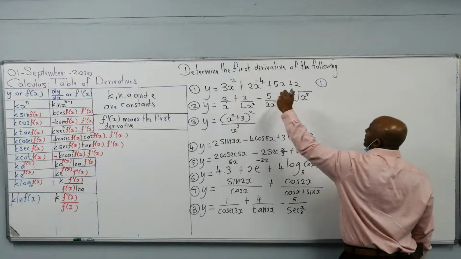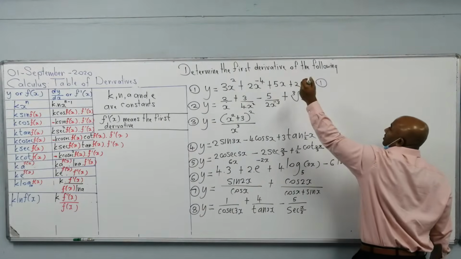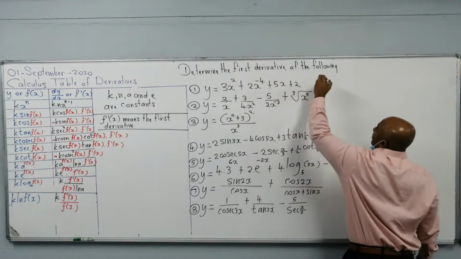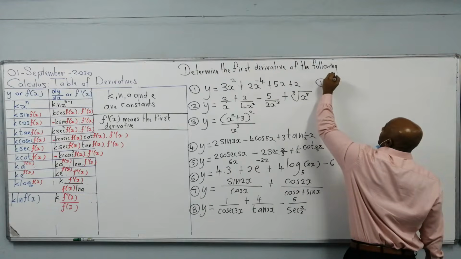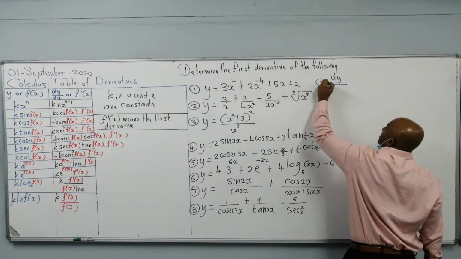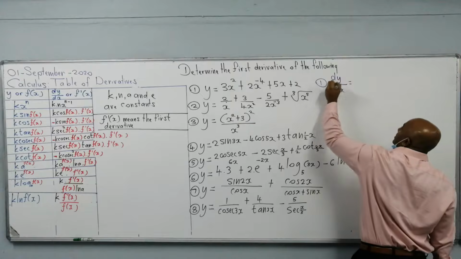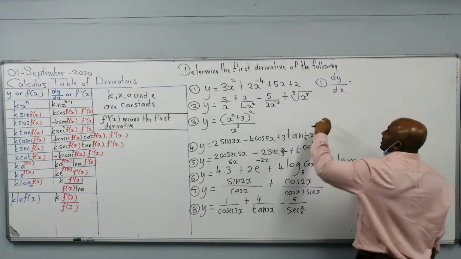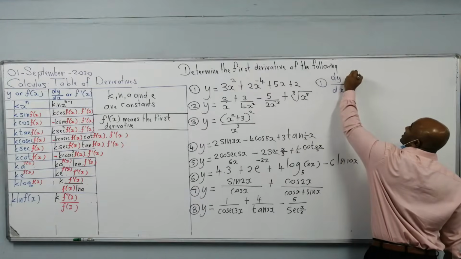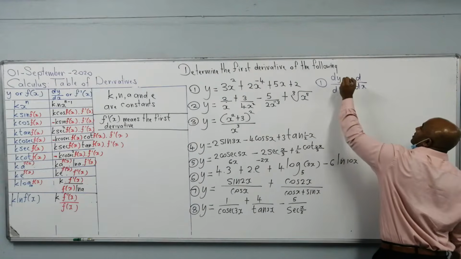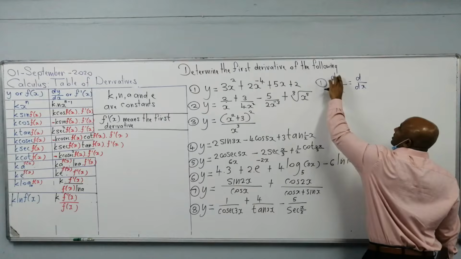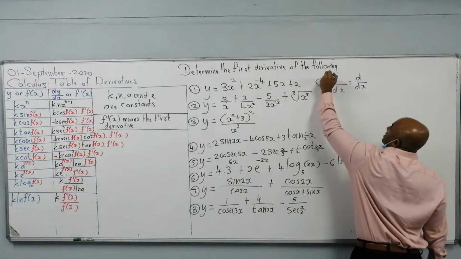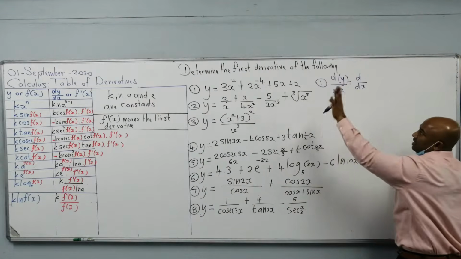So when I differentiate, I'm going dy over dx. Right, so basically what's happening here is you are finding d over dx of both sides. Let me just rewrite this here. So that's d over dx of y, so that's the left hand side.